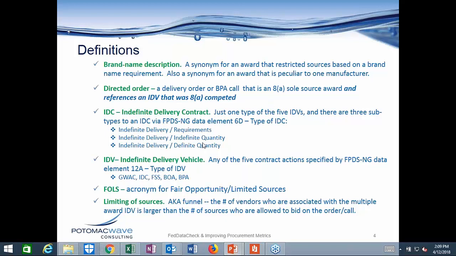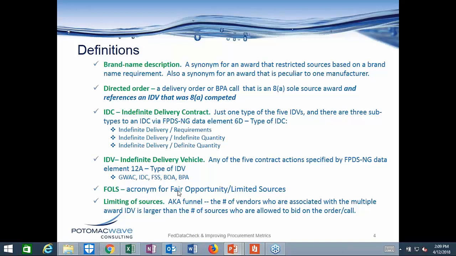Those 3 different types of IDCs are defined in FPDS&G data element 6D, type of IDC. So IDCs are a subset of IDV. IDV, indefinite delivery vehicle. There are 5 of those, as defined in data element 12A, type of IDV: GWAC, IDC, FSS, BOA, and BPA.